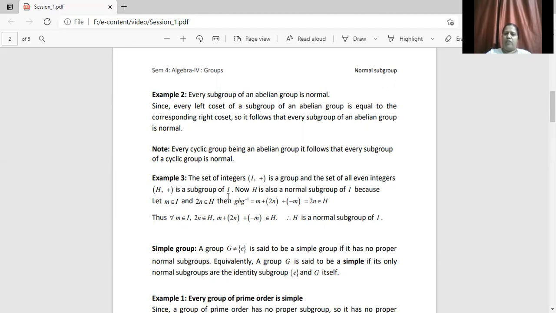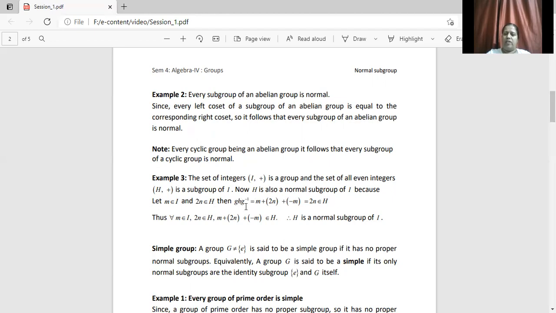Now we have to show that H is also a normal subgroup of I. That means again we have to check whether g h g inverse belongs to H or not. For that, we'll take one element from the set of integers, let it be m. m belongs to I, and we'll take one even number from the subgroup H, that is 2n belongs to H.